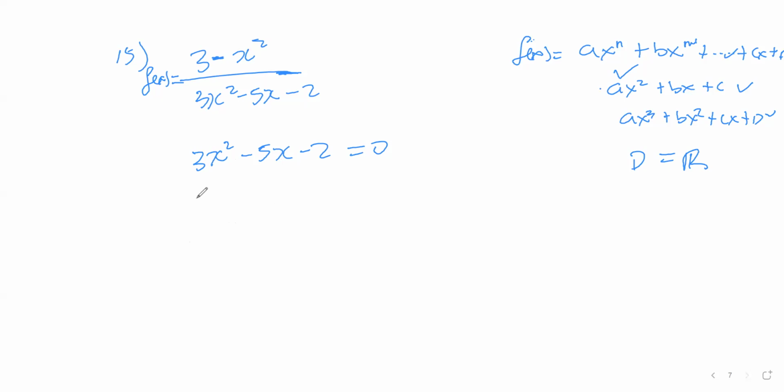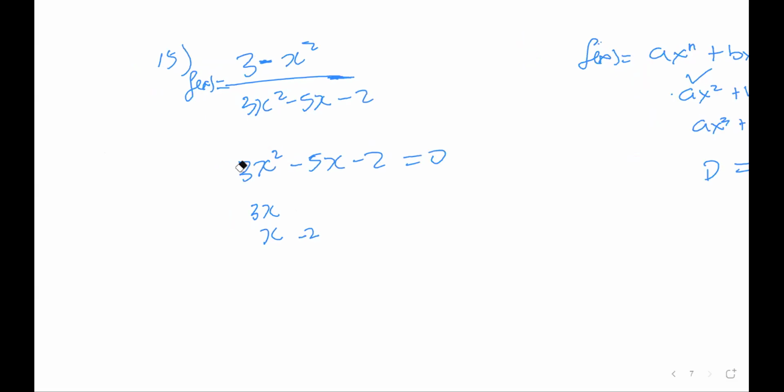All right, so we solve this quadratic. Let's factor it using our trial and error method of factoring that we saw in our previous sections. Factors of 3x squared are 3x and x. Factors of minus 2 are 1 and minus 2.